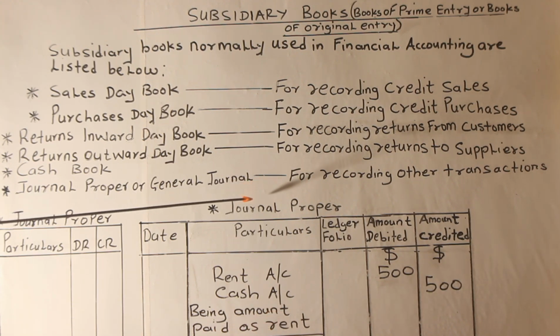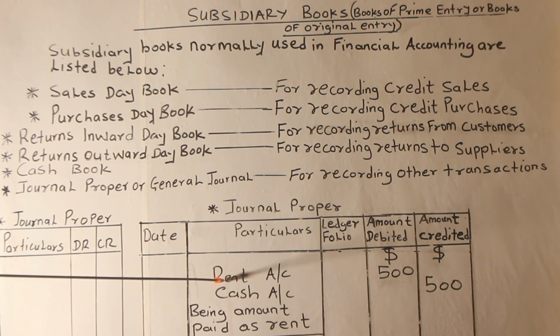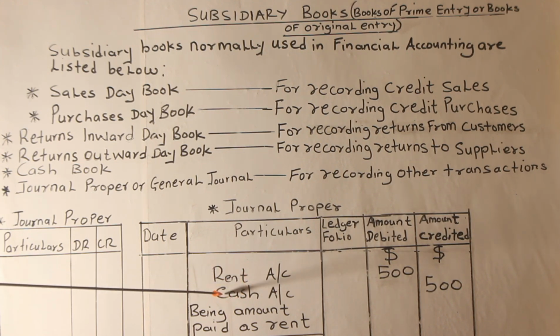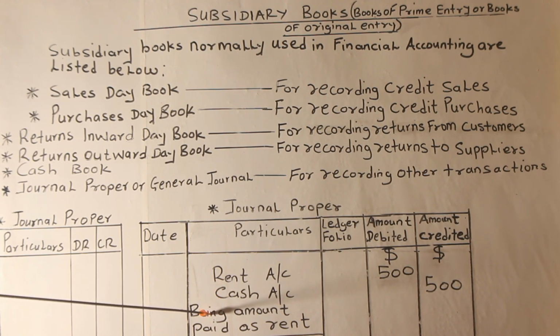So in the journal proper, one, the account to be debited should come first, while the account to be credited should come next. Then you make your narration. And the narration must always begin with the word being. Being amount for this, being amount for the other.